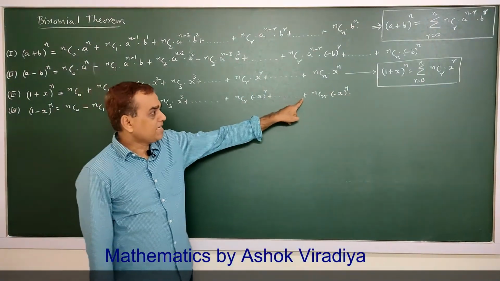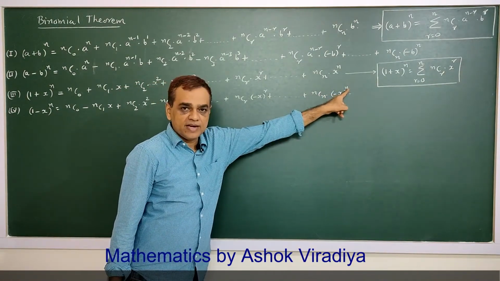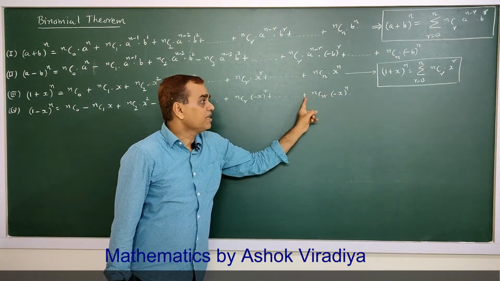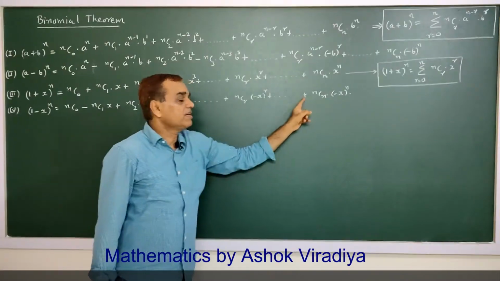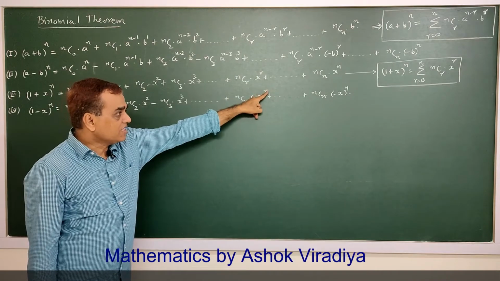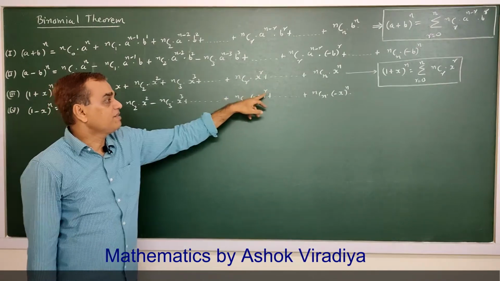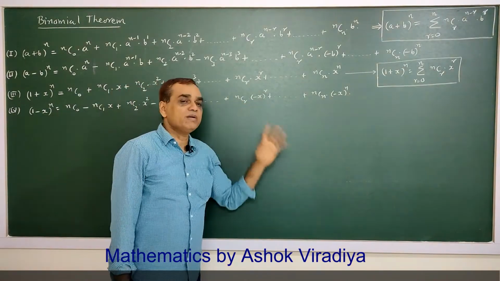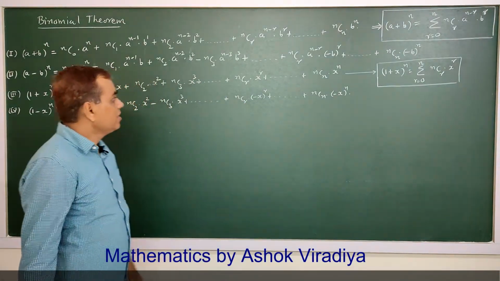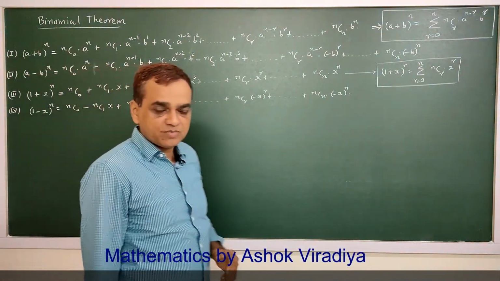So here the main sign, plus or minus, depends on the power. If n is even, there will be a plus sign. If n is odd, the sign will be negative. Similarly here, if r is even, the sign of this term will be positive. If r is odd, the sign will be negative. So these are the main 4 statements on which we will work.